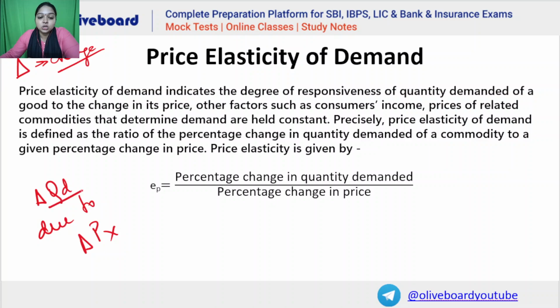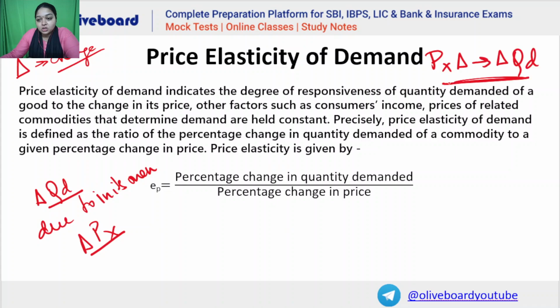So change in quantity demanded due to change in its own price, then we say that it is price elasticity. We have learned that when price of a commodity changes, it leads to changes in quantity demanded. So now we are giving it a mathematical form, a formula, so that we can calculate it.